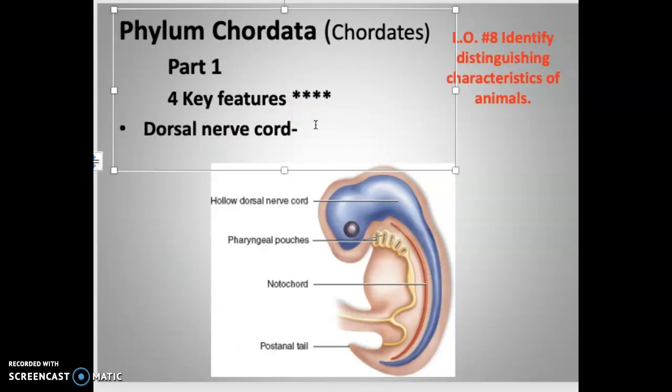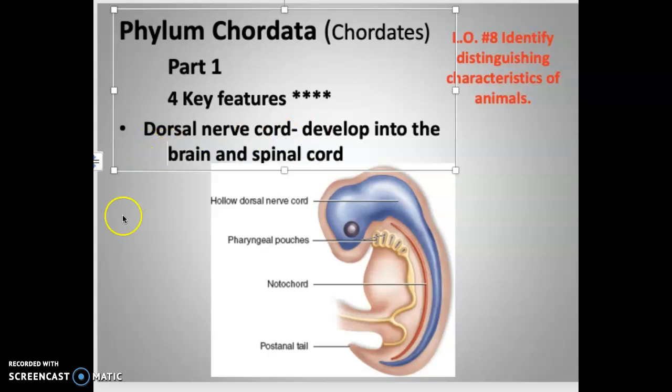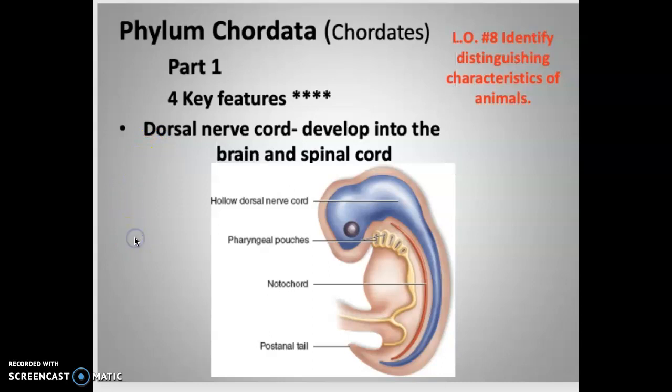In members of phylum Chordata, this will often, not always, but often develop into the brain and the spinal cord. That is what the dorsal nerve cord turns into in most members of the phylum. So you have it at the beginning.